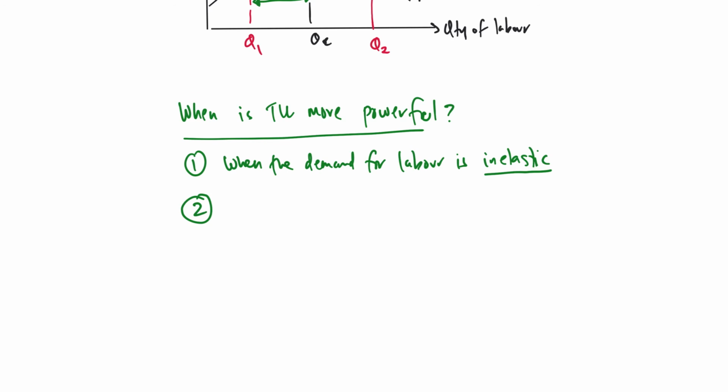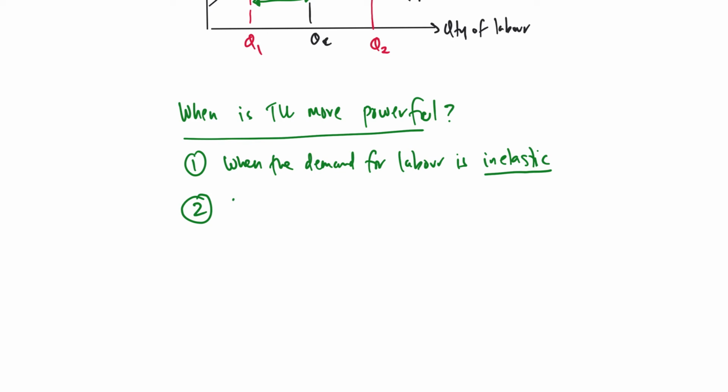And when is the trade union's labor demand inelastic? When the good that they make is also inelastic. If the good that they make is inelastic, like doctors' demand would be inelastic, so doctors' union will also have a very powerful negotiating power. Okay, number one.